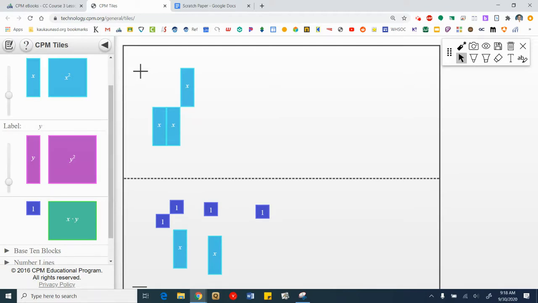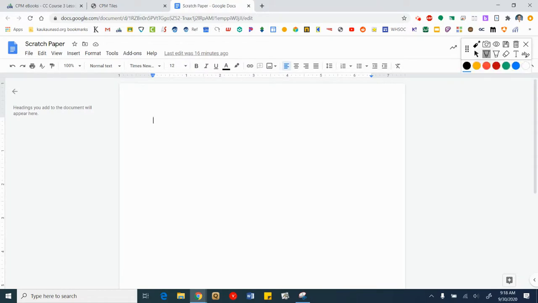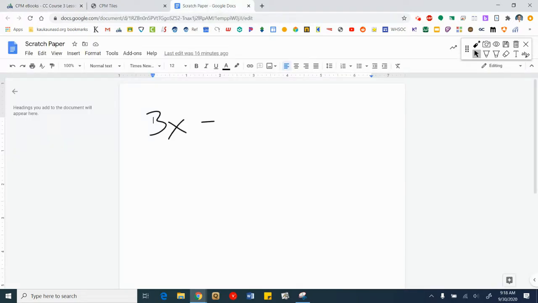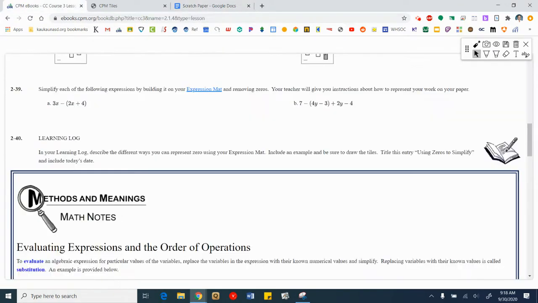Another way that we can think about solving these, actually I should write this down: 3x minus 2x plus 4. That's how I want to write it on my paper.